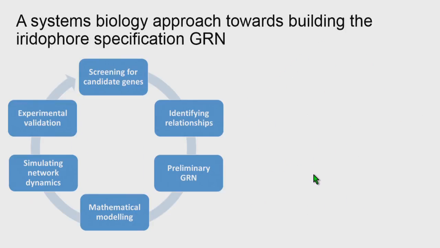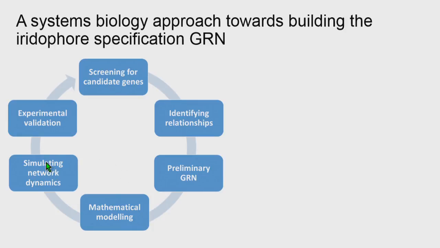And to build gene regulatory networks, we use a systems biology approach. We start by screening for candidate genes of interest for our process using the published literature. And we identify relationships experimentally between these genes to build a preliminary gene regulatory network, which we call Model A. We are able to mathematically describe this Model A using a set of equations and computationally simulate the network dynamics.